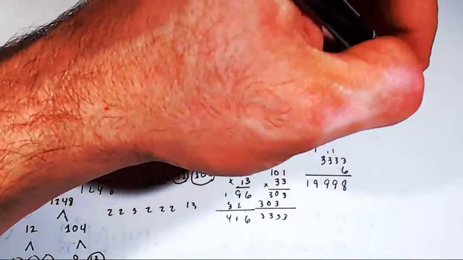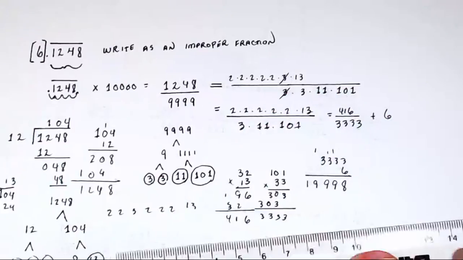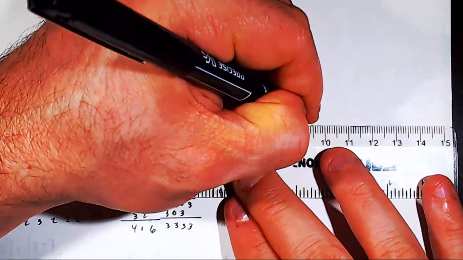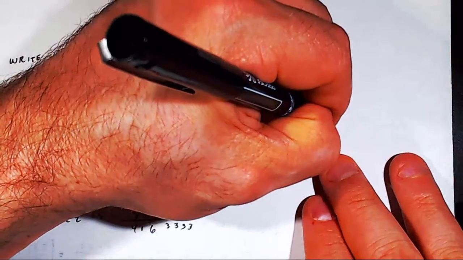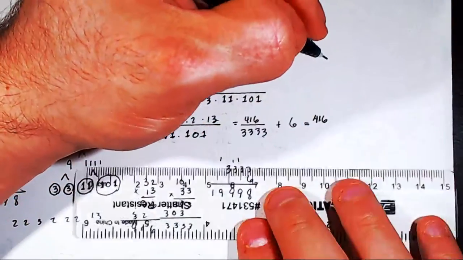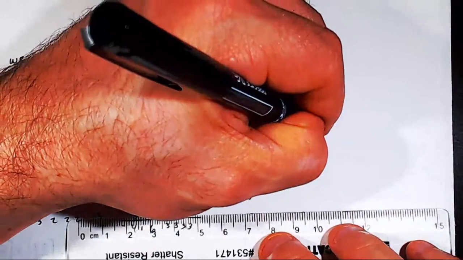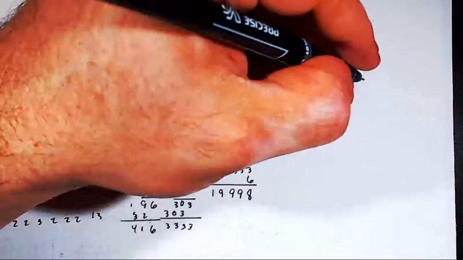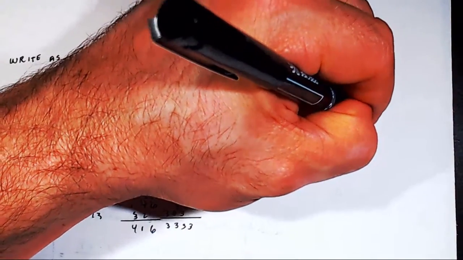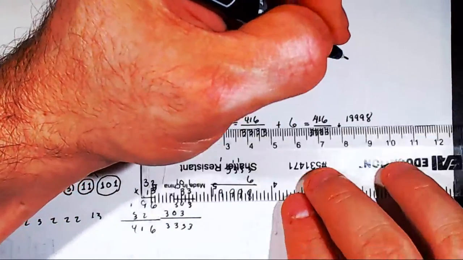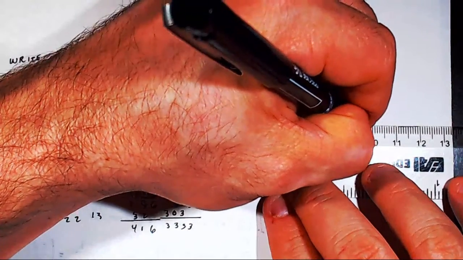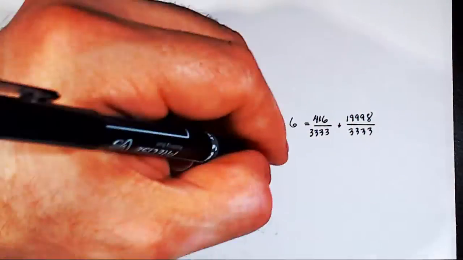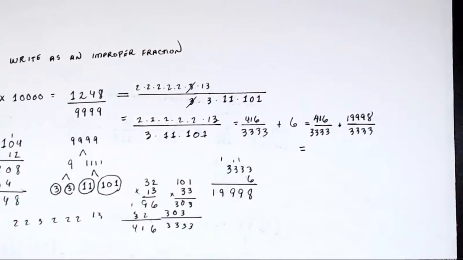Yeah. So what this equals is 416 over 3,333 plus 19,998 over 3,333. Okay, so what does this equal as an improper fraction?